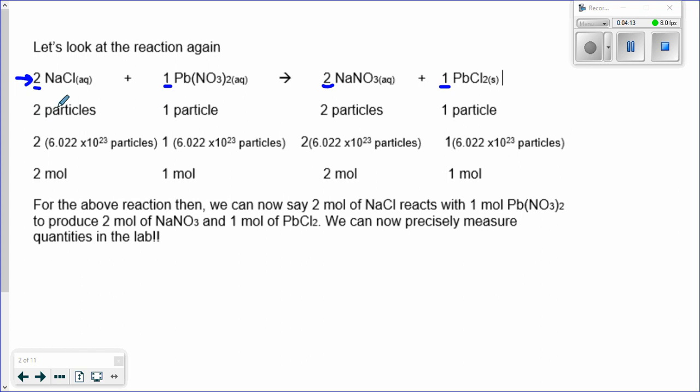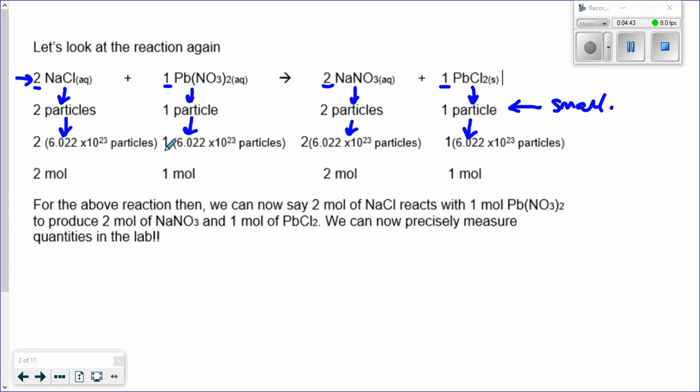What it's saying is two particles of sodium chloride react with one particle of lead 2 nitrate to produce two particles of sodium nitrate and one particle of lead 2 chloride. But again, this is small.